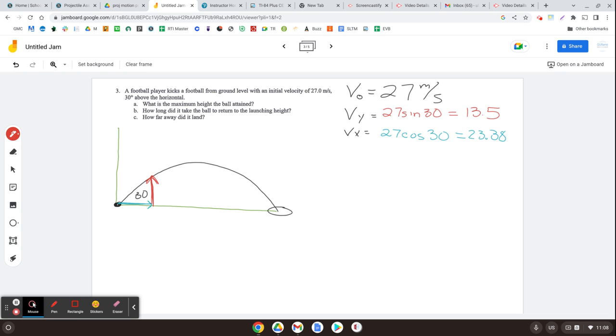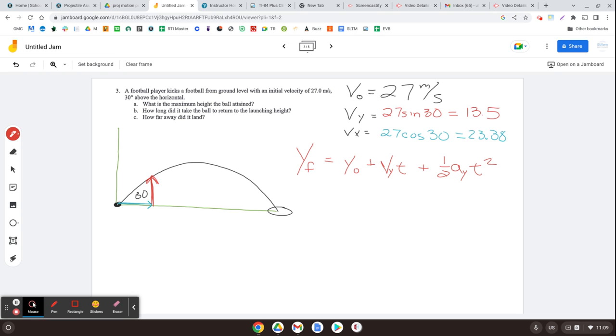So far, what I've learned is that the most important equation is y final. You can tell where y is at any point by doing y initial plus the velocity in the y direction times t plus 1/2 times the acceleration in the y direction times t squared.